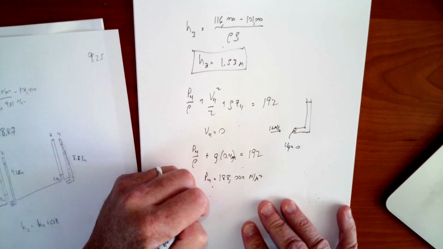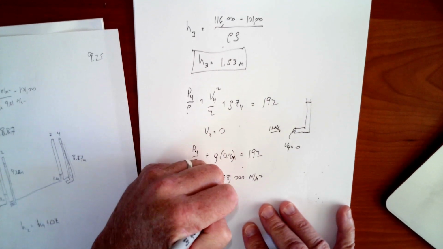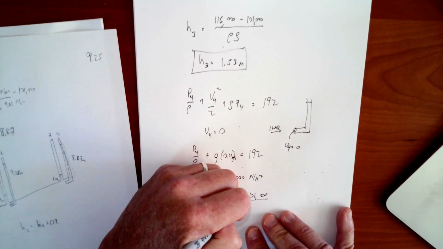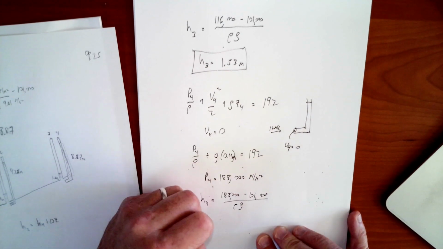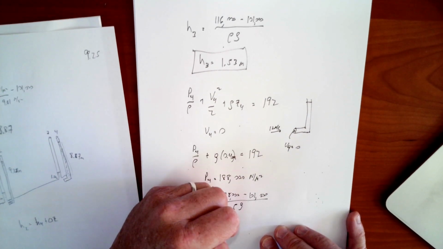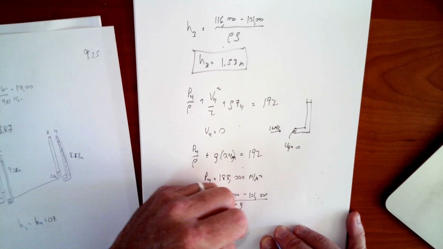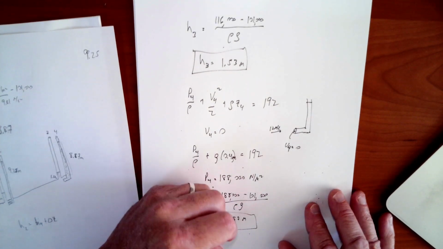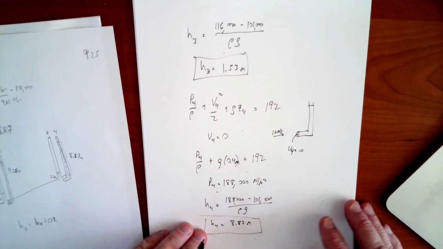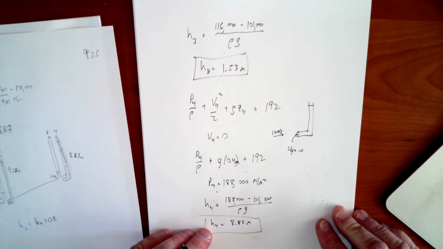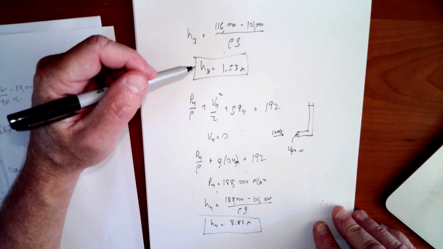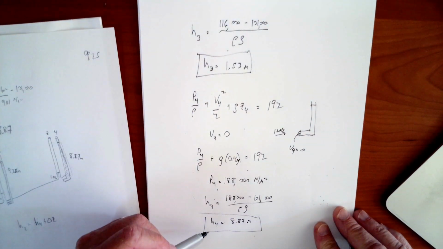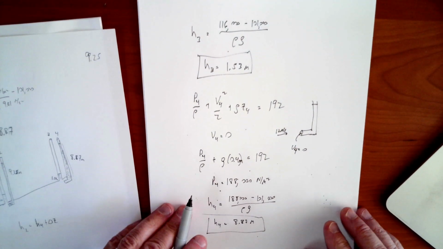And so H4 is 188,000 minus 101,000 divided by rho and G, and you get H4 is equal to 8.87 meters. So it's less than H2, obviously quite a bit greater than H3 as we expected, because once again, that velocity going to 0 is going to increase that pressure quite a lot due to the Bernoulli effect there.